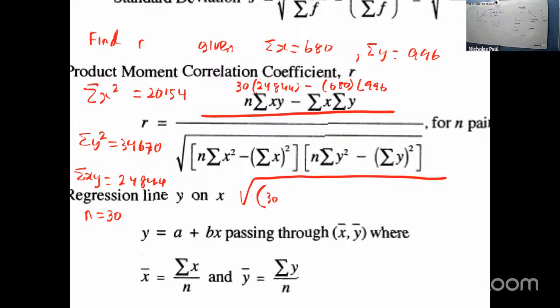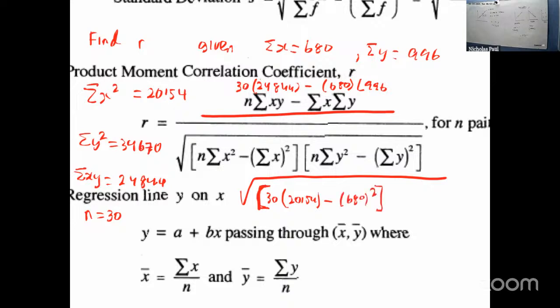30 times the sum of x squared, which is 20,154, minus the sum of x squared, where the sum of x is 680, squared.